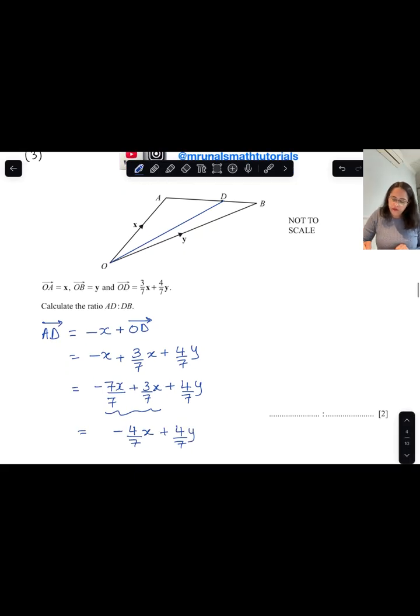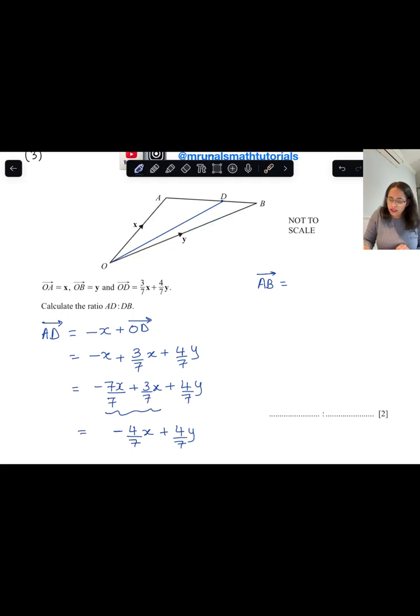Now, if you want to find out the ratio, if somebody calculates AD, it would be hard to see what ratio D divides AB in. So it makes sense for me to calculate the total length, which is AB. So let us try and calculate what AB is. AB is going to be minus x plus y.